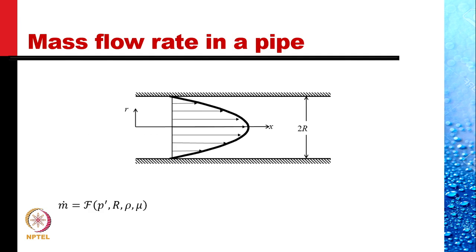Consider the flow of a fluid through a pipe, a steady, fully developed flow through a pipe. The mass flow rate m dot would be a function of P prime, that is the pressure gradient along the pipe, the radius of the pipe, the density of the fluid, and mu, the viscosity of the fluid.